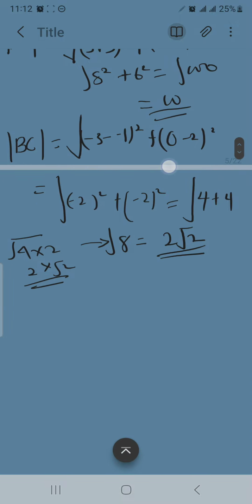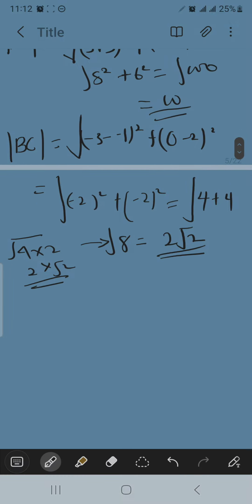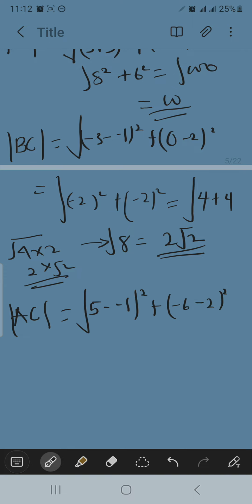So the last one is AC. Square root of AC will be square root of 5 minus 1 all square plus minus 6 minus 2 all square.